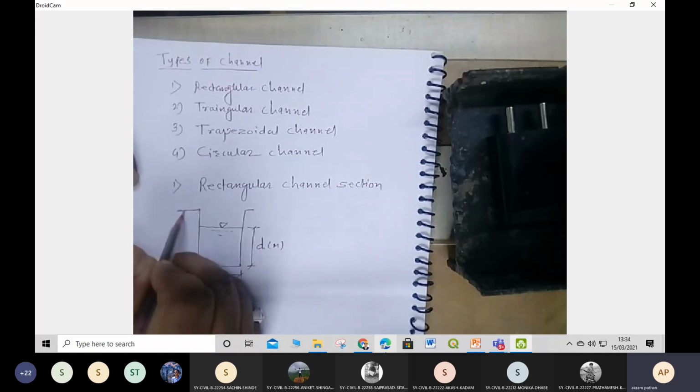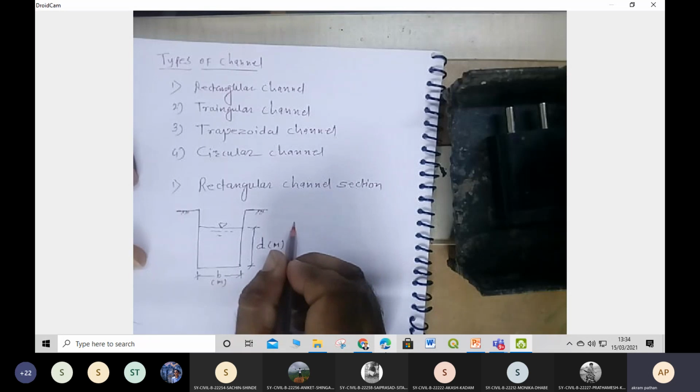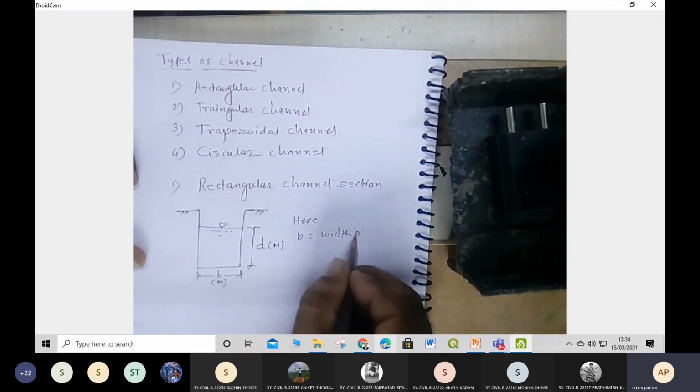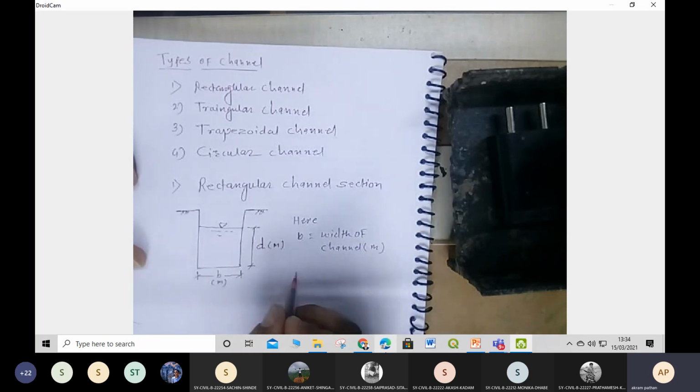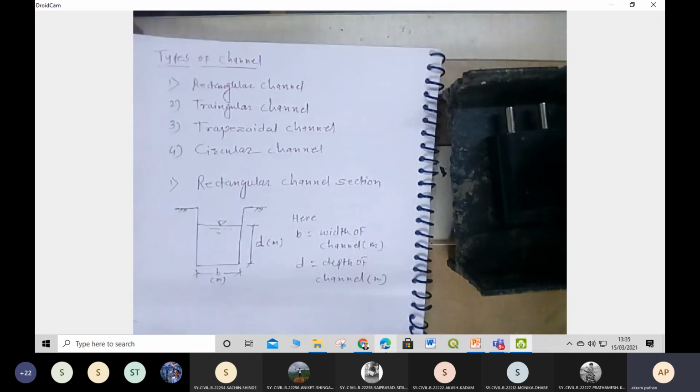Now here we have the ground level. What is b? b is the width of the channel, written in meters, and d is the depth of the channel in meters.